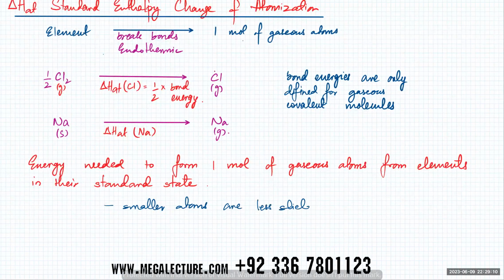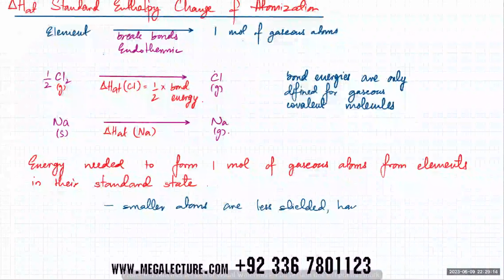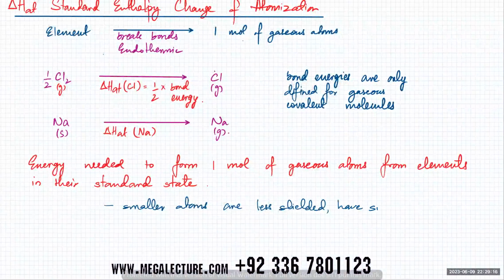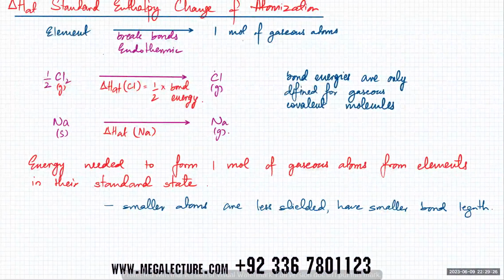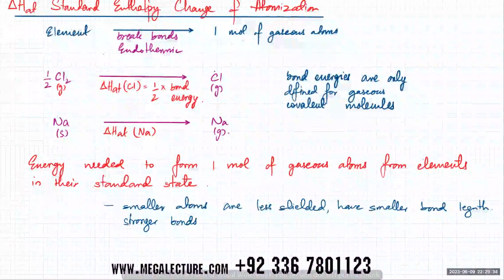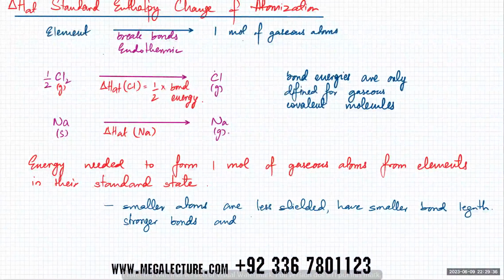So they are less shielded, have smaller bond lengths, hence they have stronger bonds and larger enthalpy change of atomization.